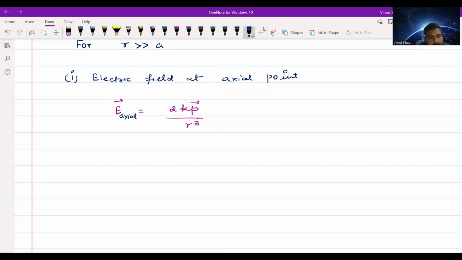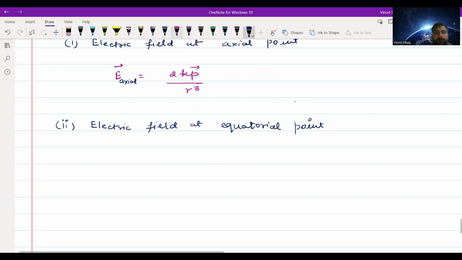Now the electric field at the equatorial point, इक्वेटोरियल पे कितना होगा? इक्वेटोरियल पॉइंट कितना है?